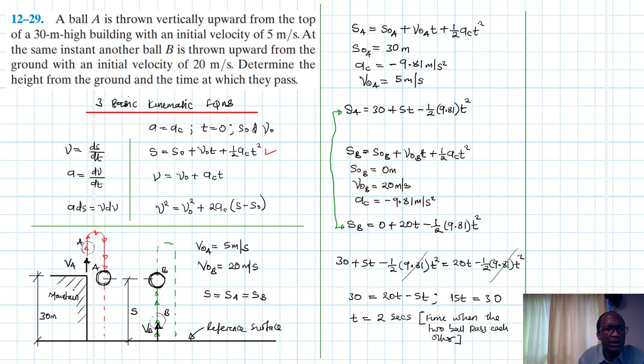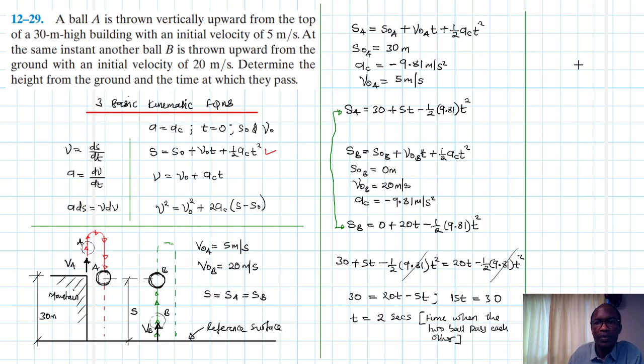To do that, of course, I can use any of the equations, but I'll use the equation for SB. All of them will give us the same result. Doesn't matter which one. You can even use both of them.